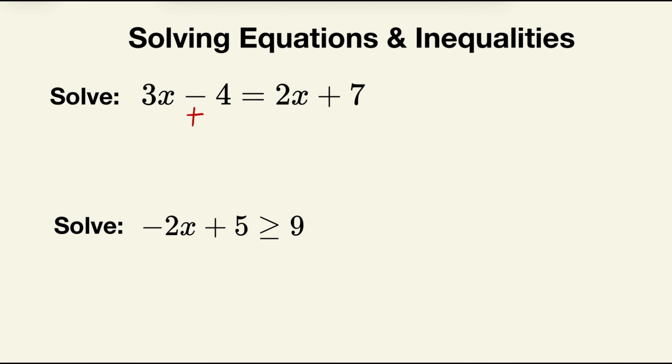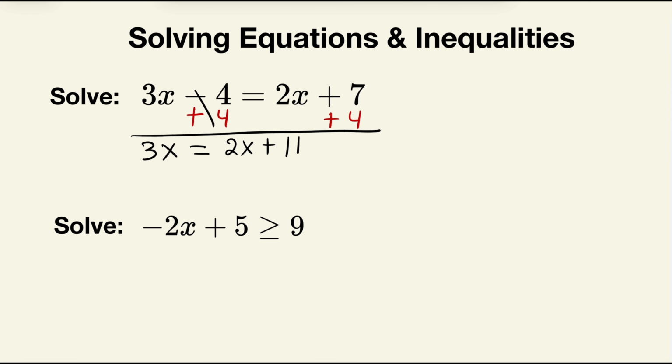So I'll add 4 on the left and on the right. Here on the left, we're left with 3x because negative 4 and positive 4 cancel out. And we set this equal to 2x plus 11 because 7 plus 4 is 11.